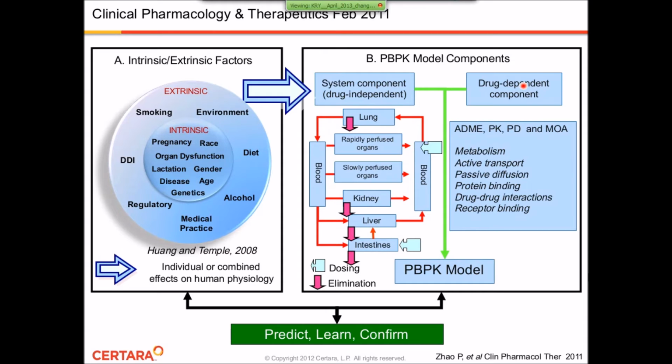We validated that model using healthy volunteer data and data available in the literature. Now we can go on and simulate in special populations and see what the impact of these intrinsic and extrinsic factors is on the system components, which will then impact the PK.